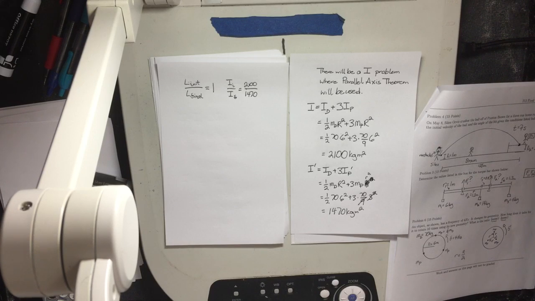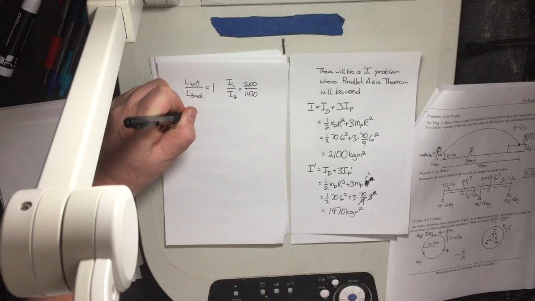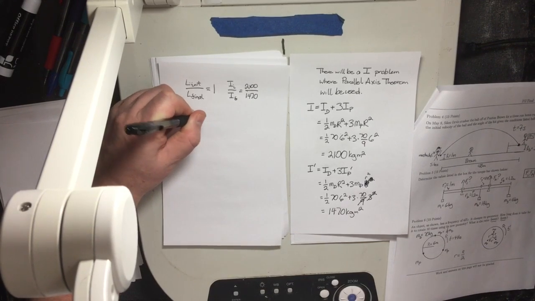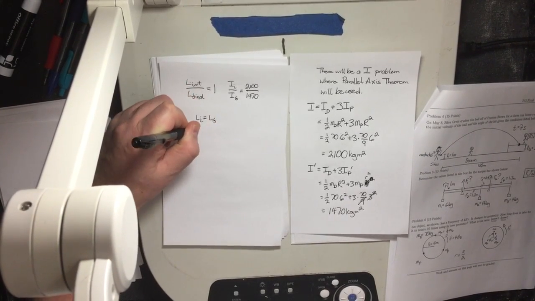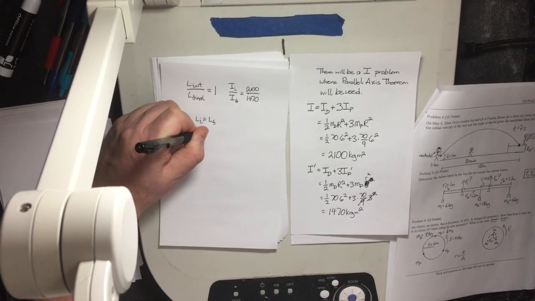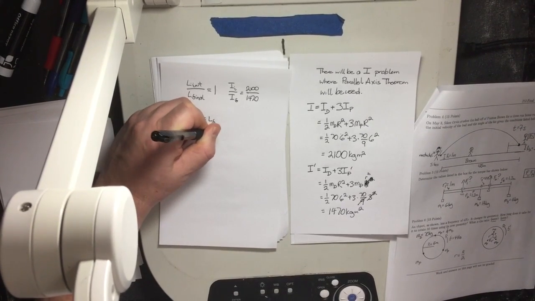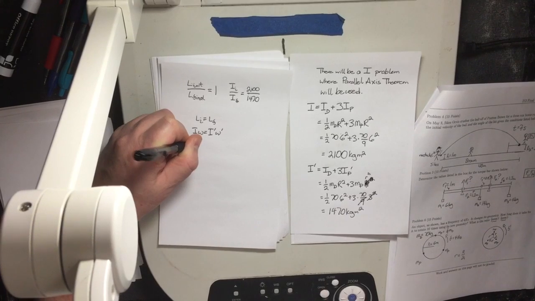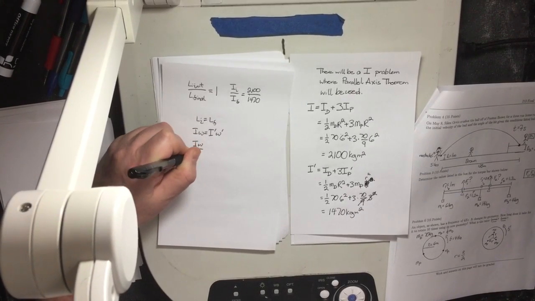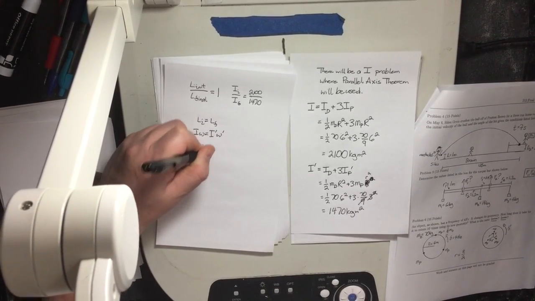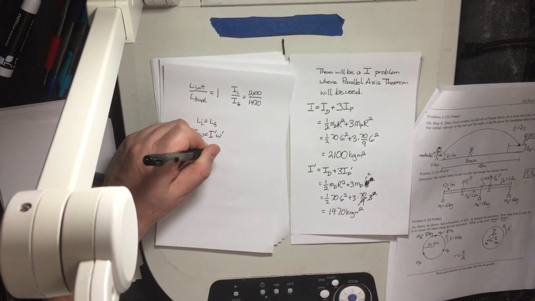Now, the thing that I really need is the new period. L initial equals L final. I omega is equal to I prime omega prime. I omega over I prime is equal to omega prime.